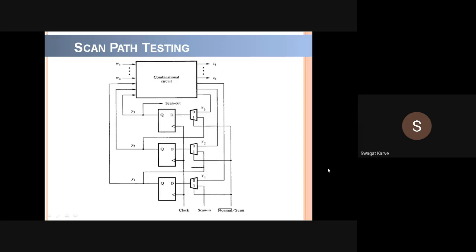You cannot have just a combinational or just a sequential design. One part will have a combinational logic design, another part will have a sequential logic design. So that particular ASIC is mostly a combination of both, and that's why we have to go for the different testing methods available for combinational as well as sequential logic design.